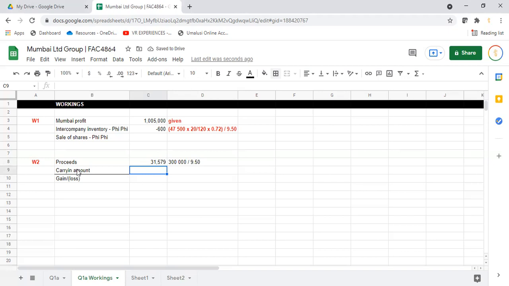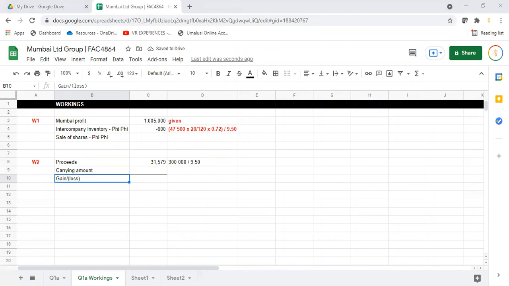Now we must work out the carrying amount. The carrying amount would simply be whatever they paid for Fifi, and then work out a percentage of that. So if you go to the trial balance and look for investment, you can see the investment amount is sitting at 114,764.